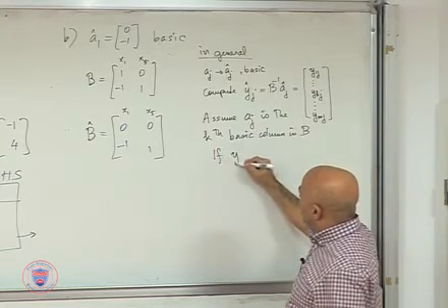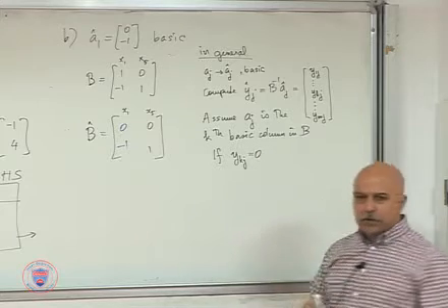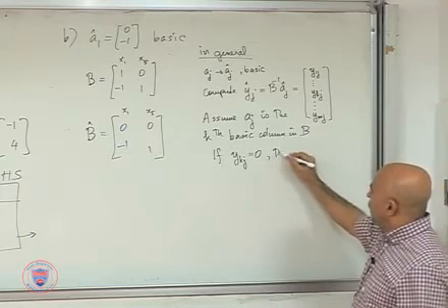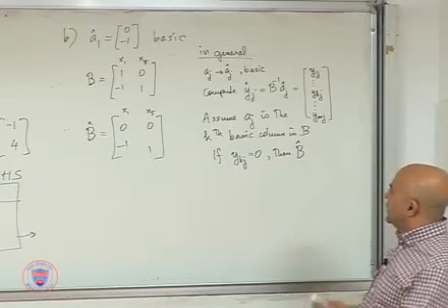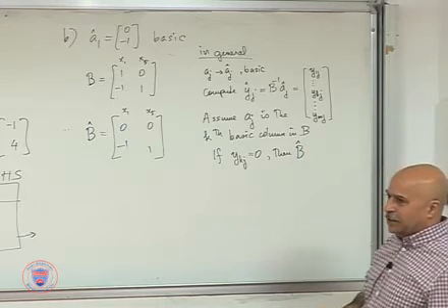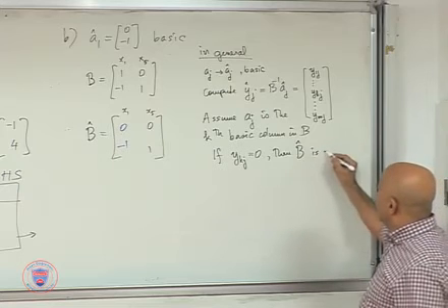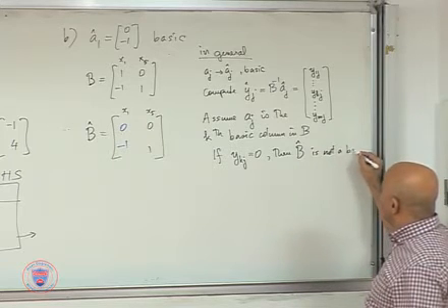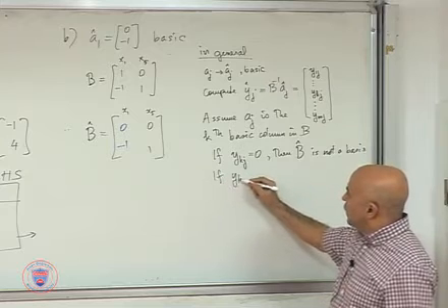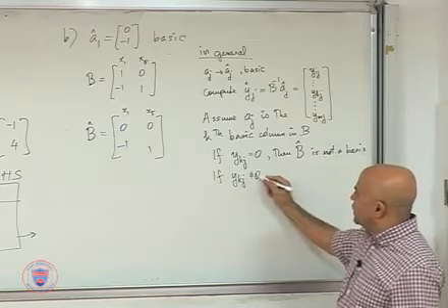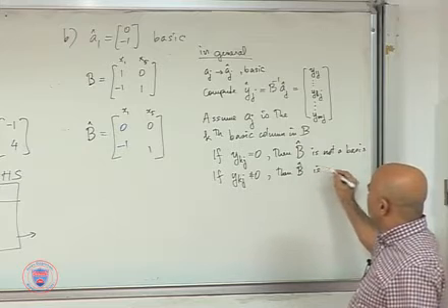If Ykj happens to be 0, then B cap, which is obtained from B by replacing the old Aj with the new Aj cap, is not a basis. If, on the other hand, Ykj is non-zero, then B cap is a basis.